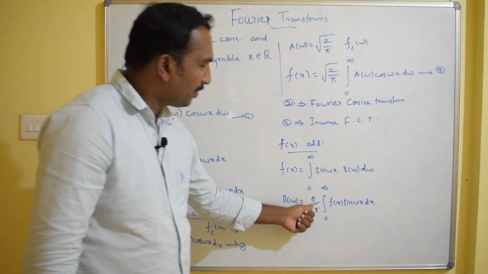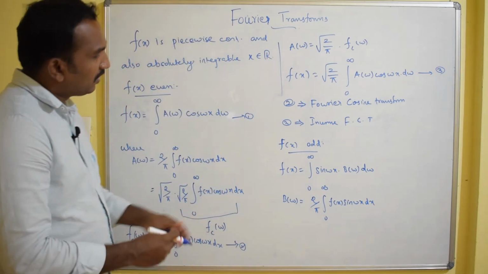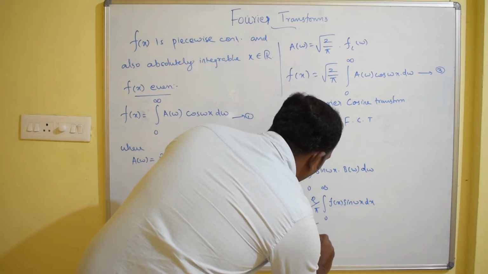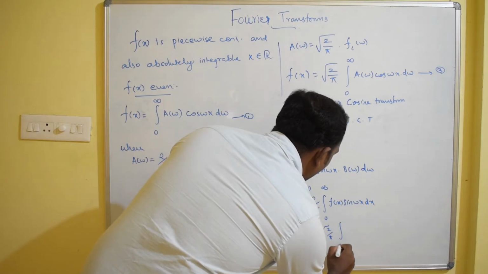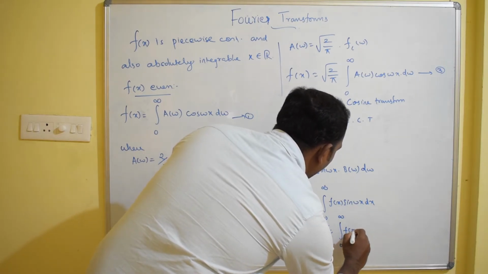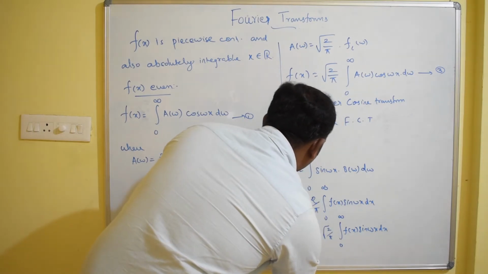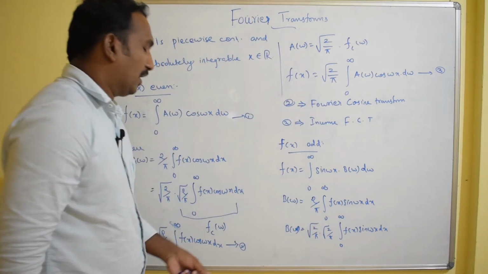As usual, I am going to rewrite this 2 by pi as root of 2 by pi and another root of 2 by pi. So what we will get? Root of 2 by pi and another root of 2 by pi integral 0 to infinity f of x sine omega x dx. So this is b of omega.